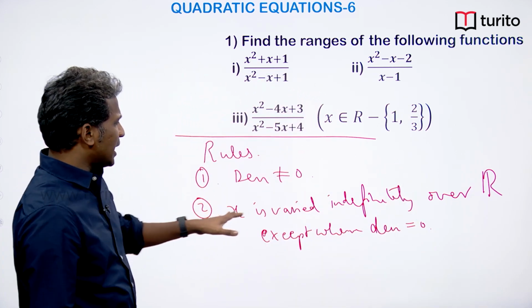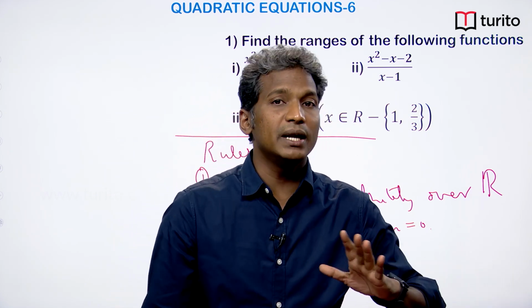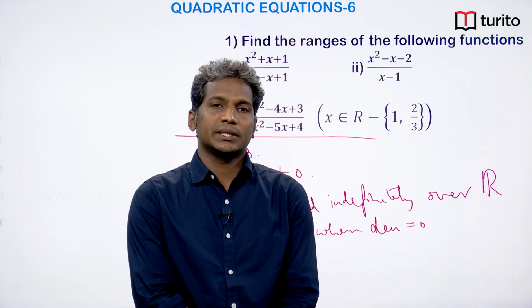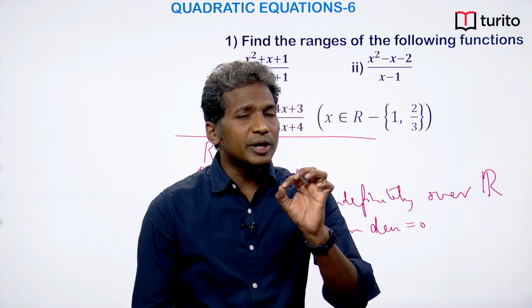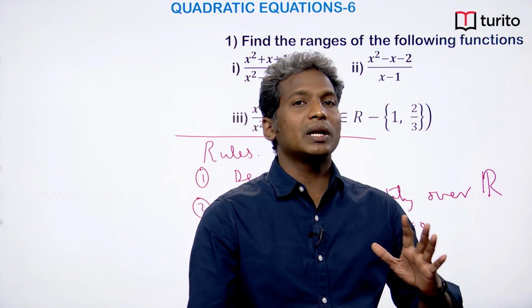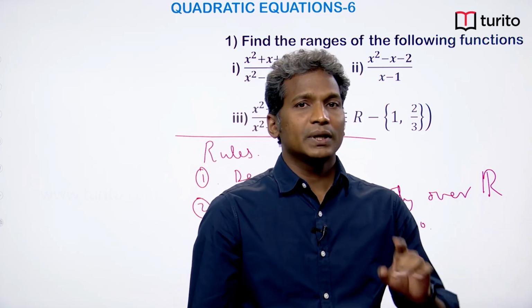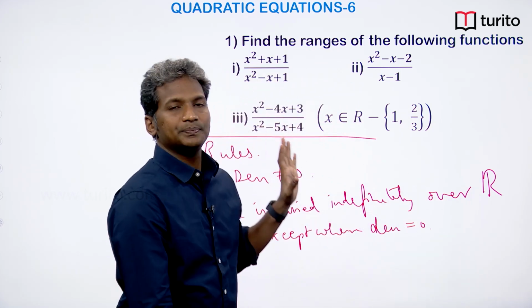So that means x must be a variable which is varying over all real values indefinitely, that means without any condition. But if I put any condition that x is greater than 0 or let us say x is belonging to 1 to 10 or something, then this method will fail.